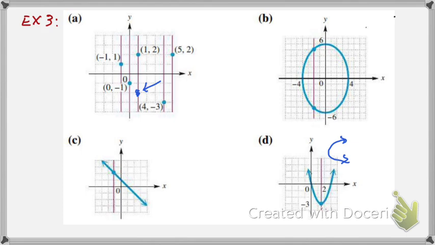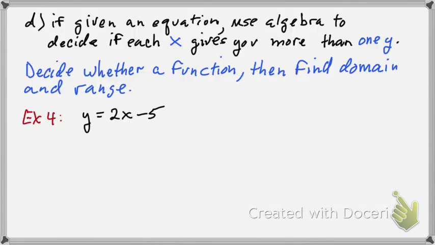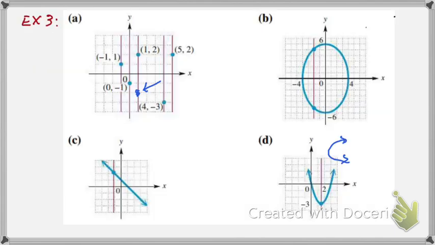Let's do another one here. And this one you might want to jot down. Before we leave this right here, what's the domain of A? 0, 4, 5.